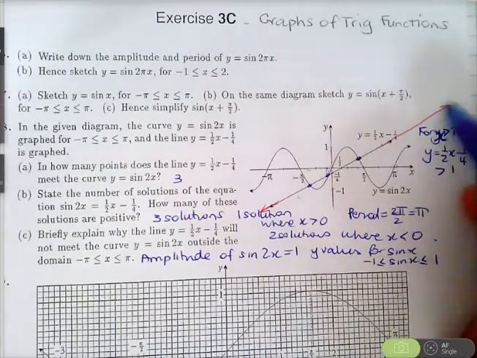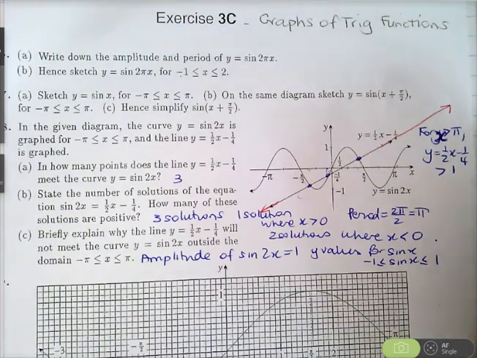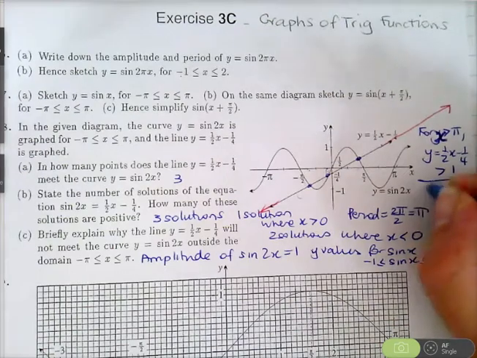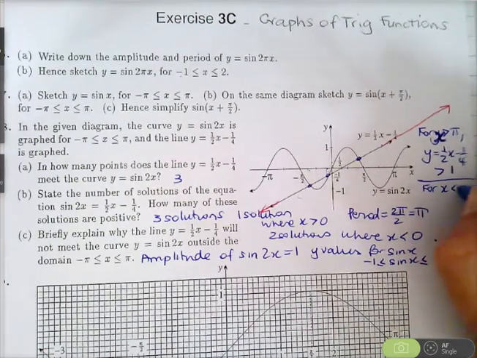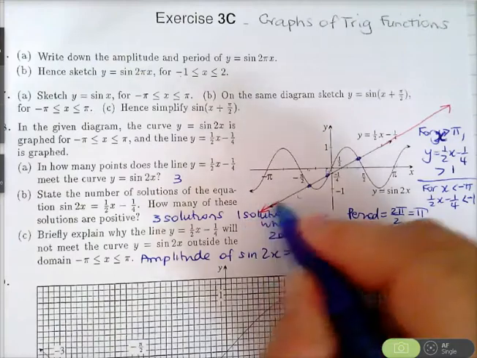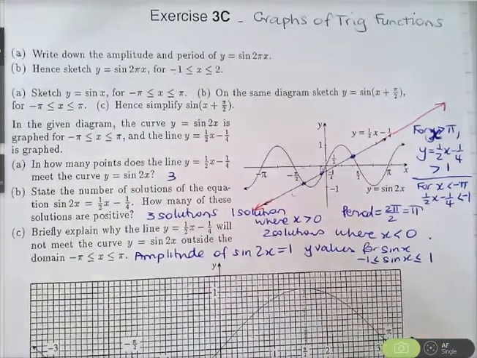So the y values will always be greater than 1. So for values of x greater than pi, half x minus a quarter will be greater than 1. And for x values less than negative pi, a half x minus a quarter will be less than negative 1. So the y values for these are less than negative 1, and hence the 2 graphs will not meet.